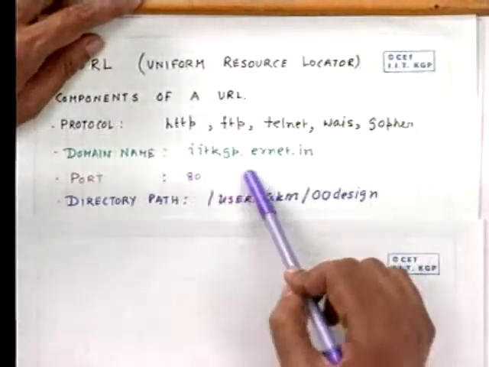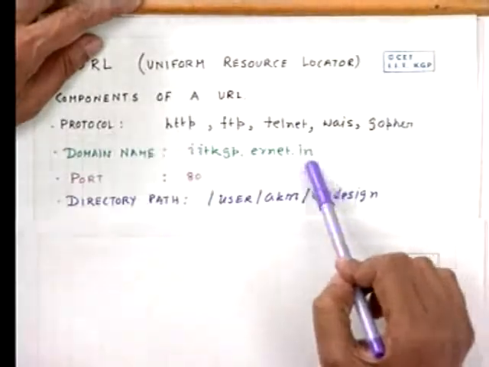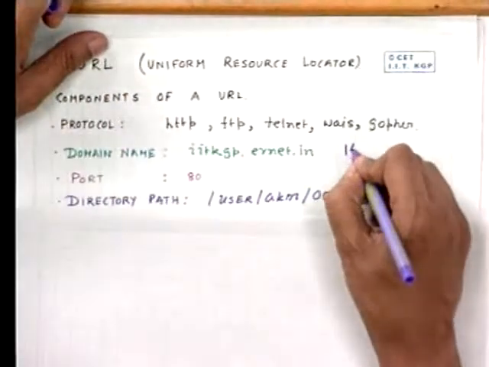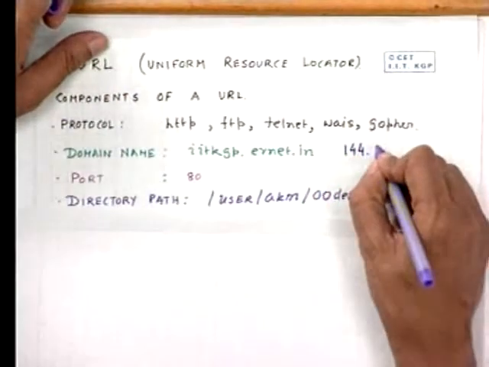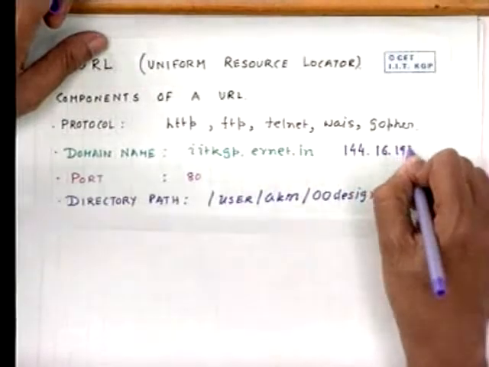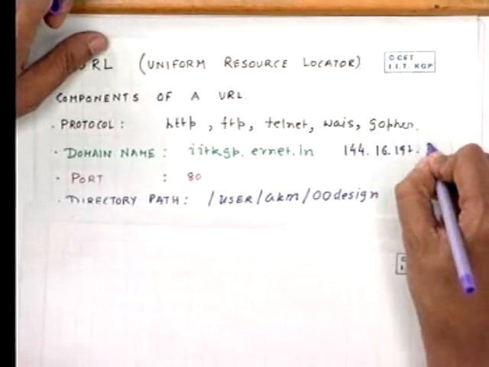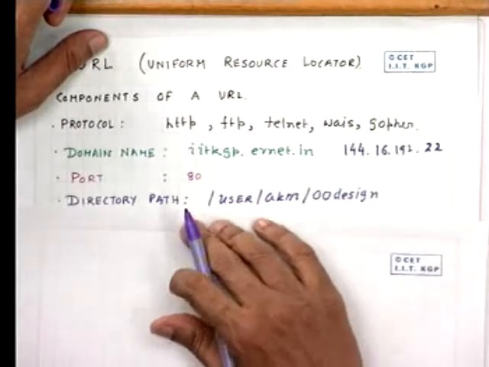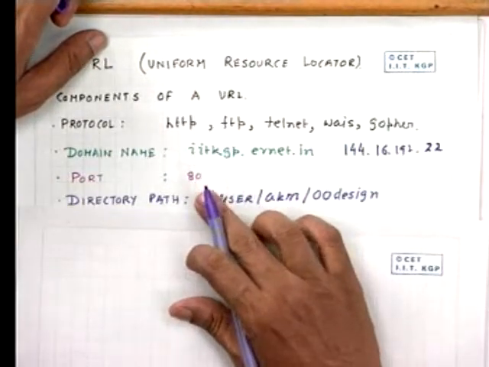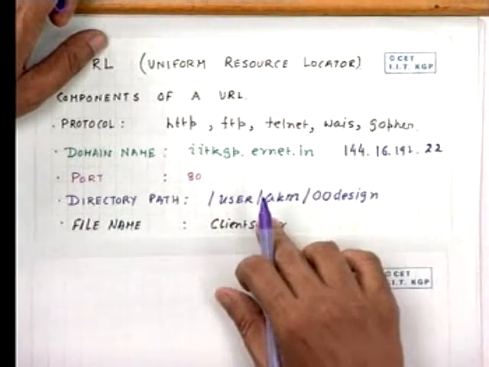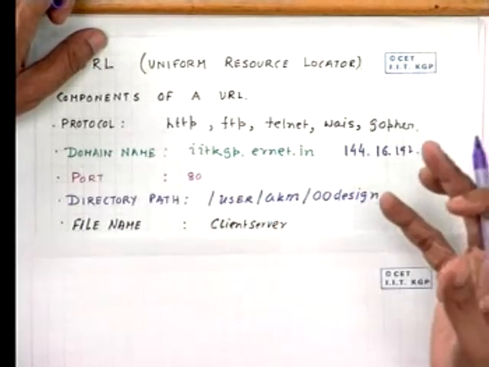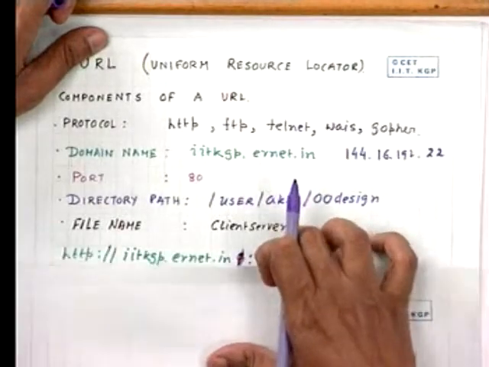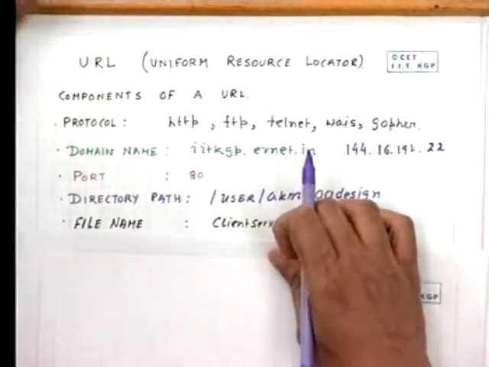The domain name can be iitkgp.ernet.in, or it can be a full-fledged IP address. It can also specify the port to which it is connected, the directory path, that is, in which directory a file is located, and the name of the file. There is another field called the reference field.